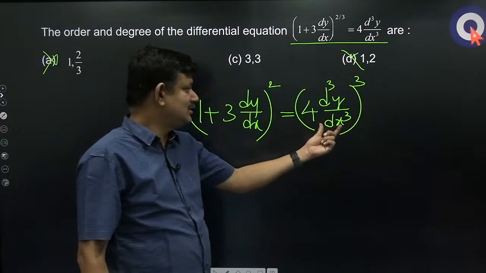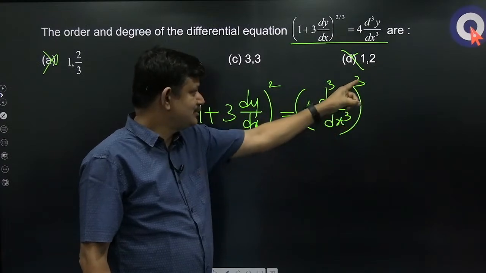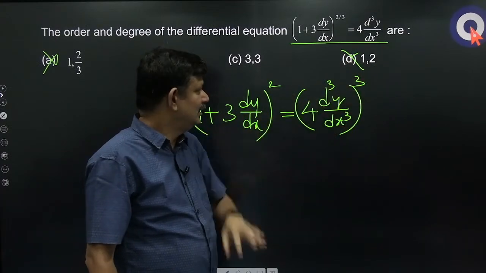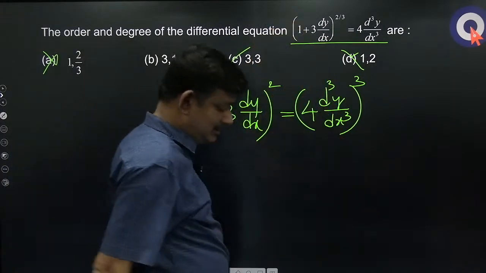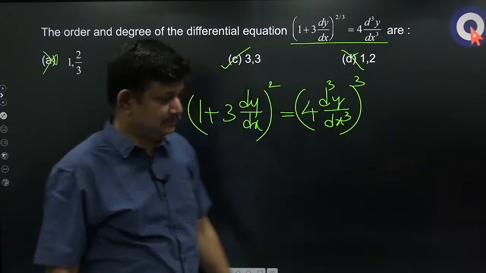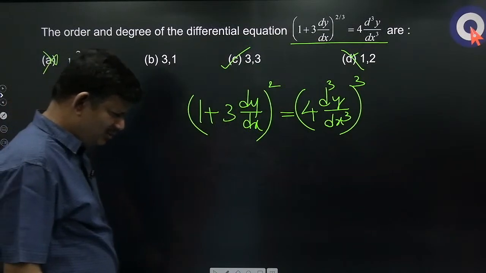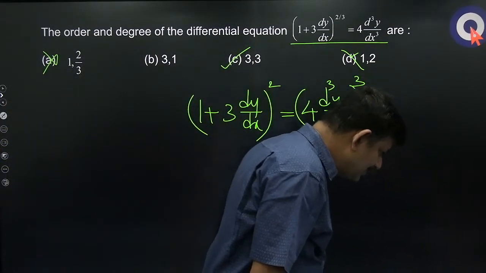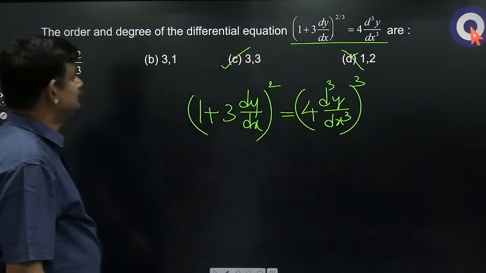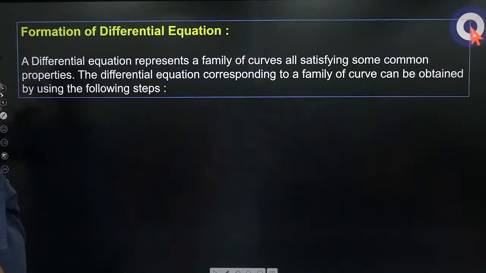Highest order differential coefficient का highest power कितना है? ये cube की power है again. That is 3. So, order is 3, degree is also 3. Is that clear? This is how you find order and degree of differential equations.